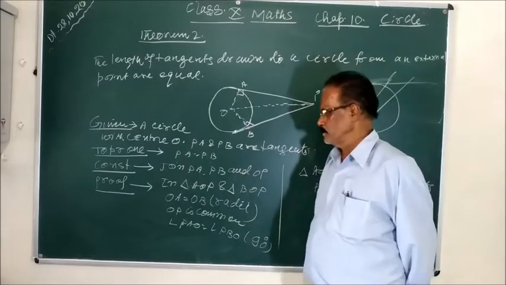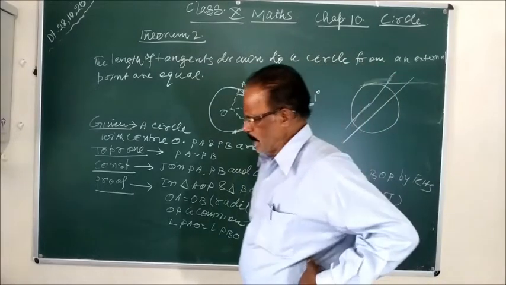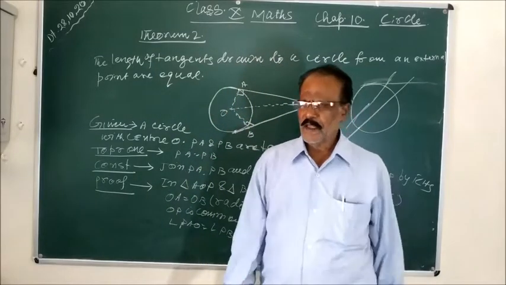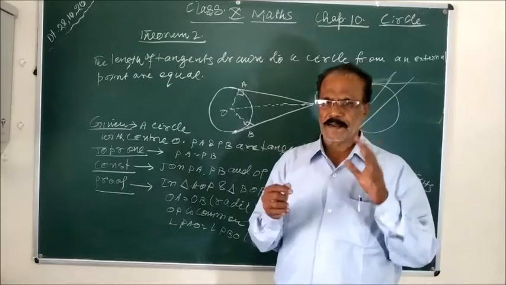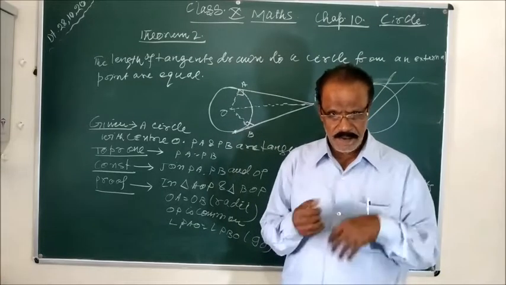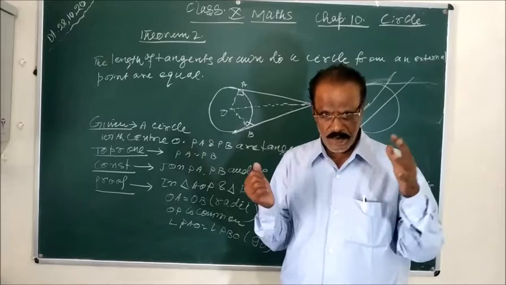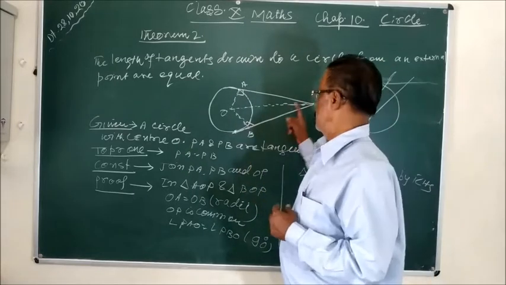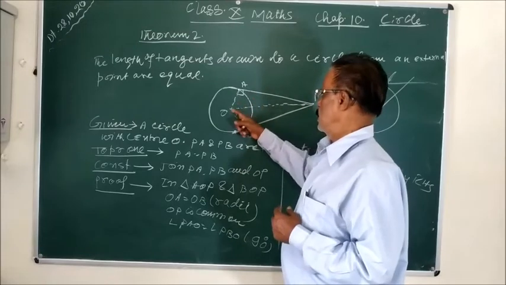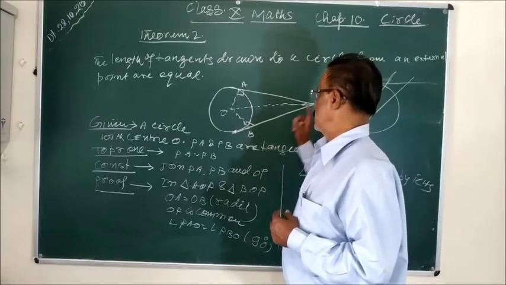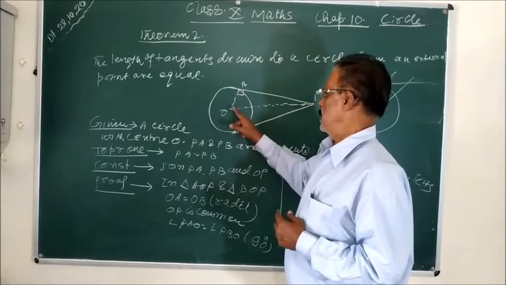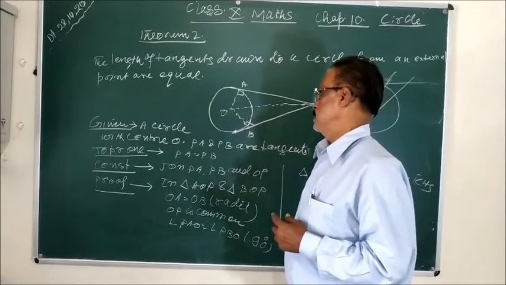You know very well, in most of the theorems, we need some extra construction, and then we try to reach the conclusion. The construction is, PA and PB are already given, and we have joined OA, OB and OP.